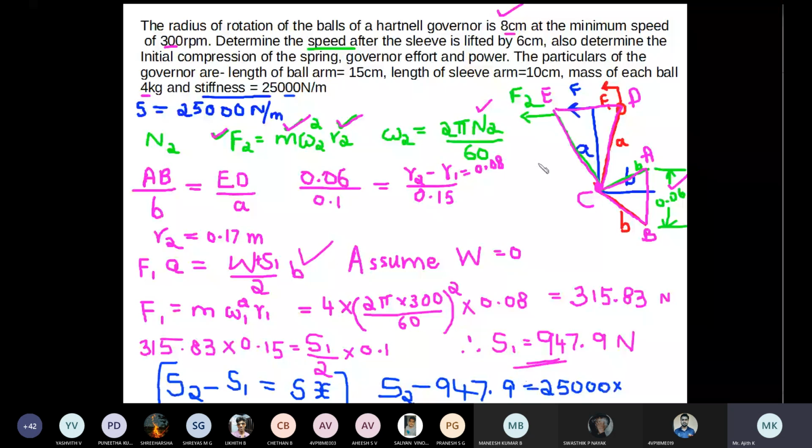Small letter x is 0.06. By simplifying, you will get the value of S2 as 2447.49 Newton.